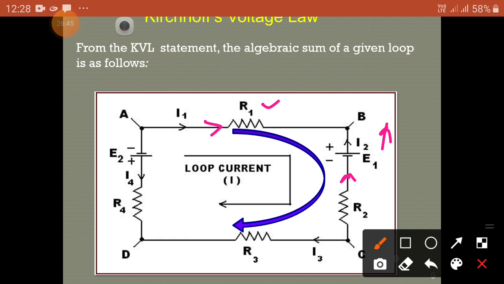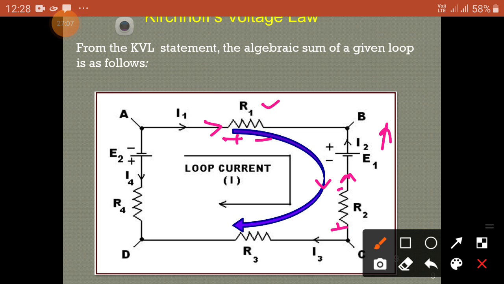Okay. That means in the branch the current is flowing from C to B. But whereas in the loop current, you can see this assumption is this direction. Okay. So that is the plus minus here. Now here plus minus, just assume it.